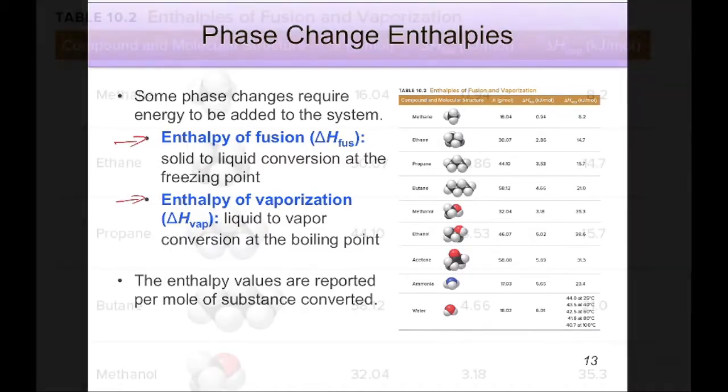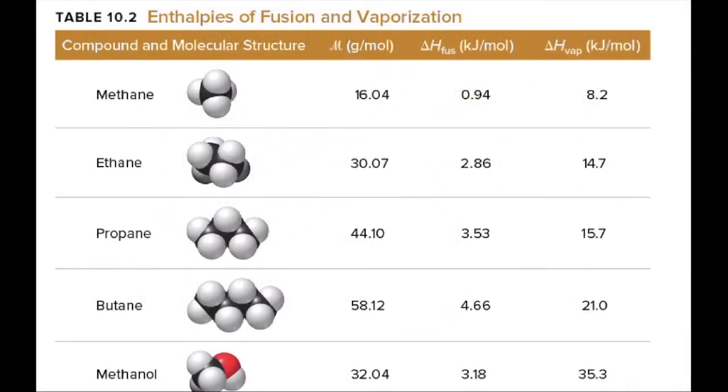So I'm just going to zoom up on this table just to give you an idea of the differences between the delta H of fusion and the delta H of vaporization. So the first four compounds here, methane, ethane, propane, and butane, if you remember from the intermolecular forces chapter, are nonpolar, and the types of intermolecular forces that they experience are London dispersion forces.